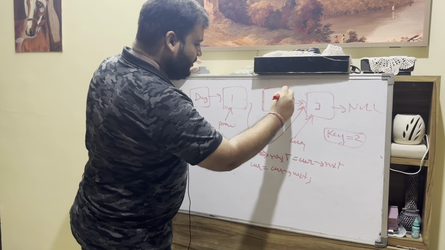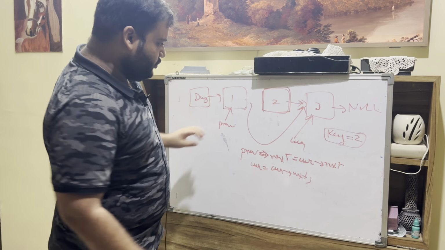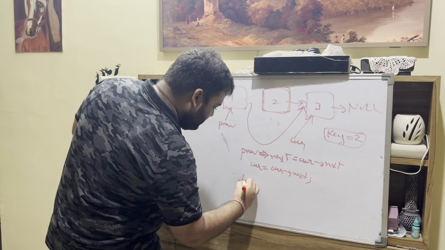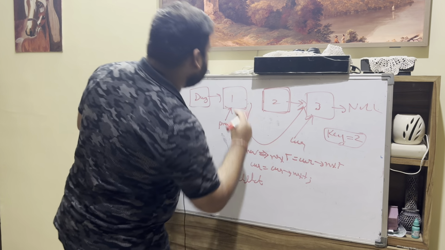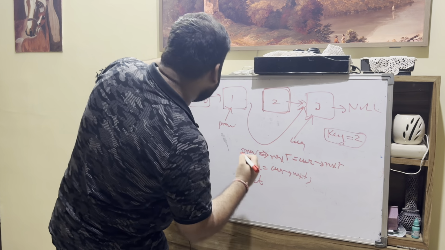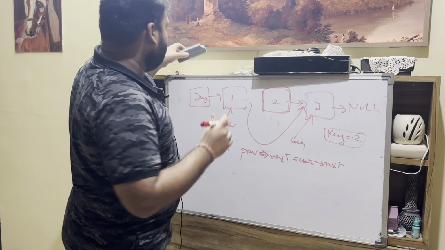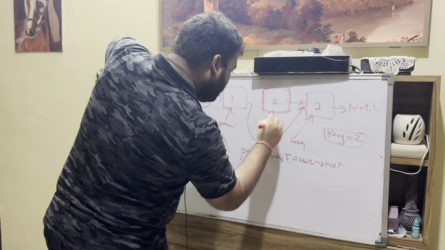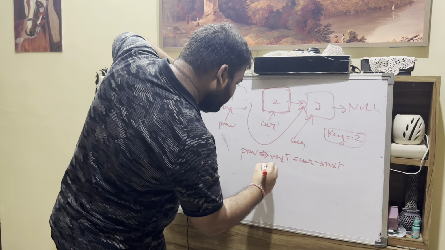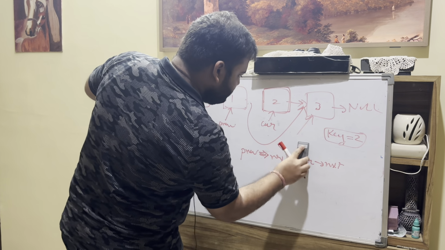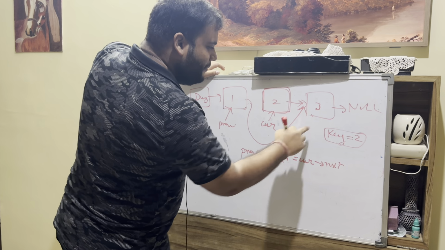Now this particular point memory needs to be deallocated. So first we delete this, so this was our last current. What we need to do is, our element 1 is already pointing towards 3.